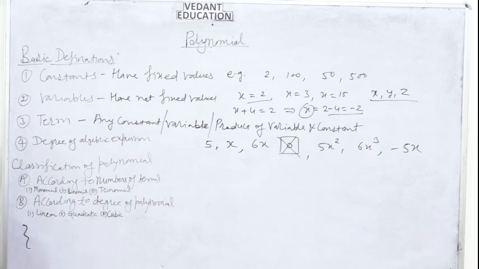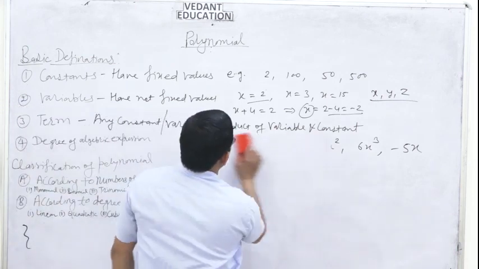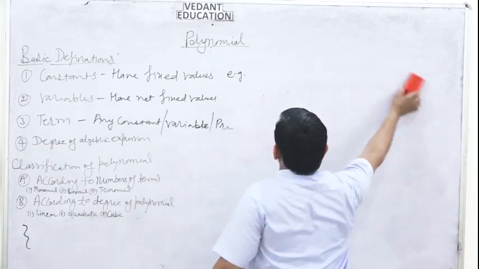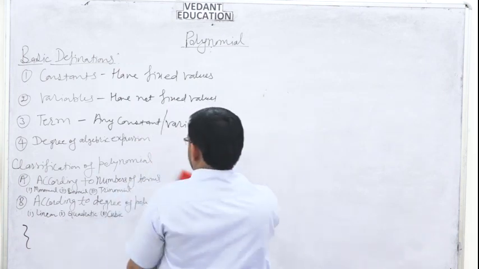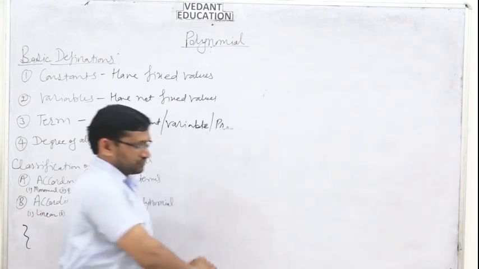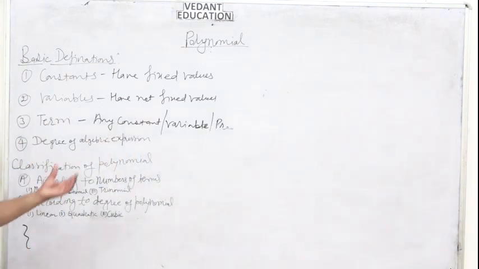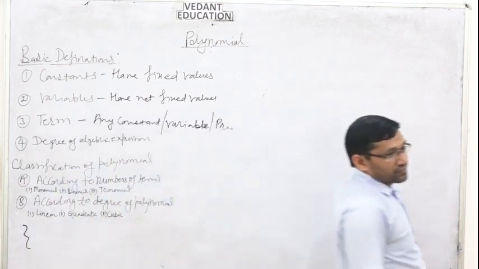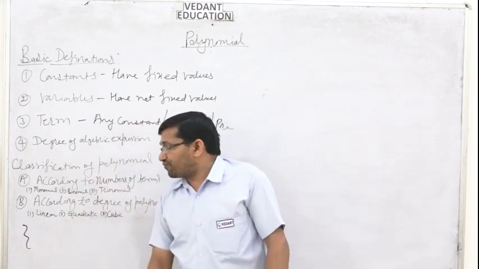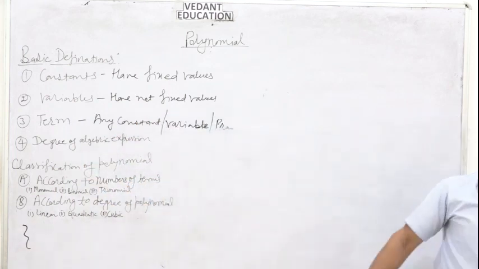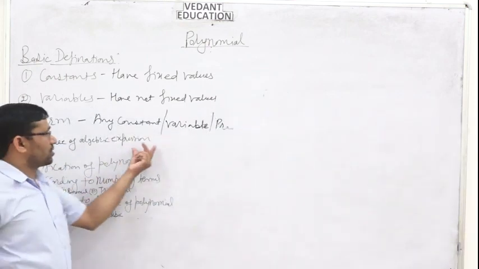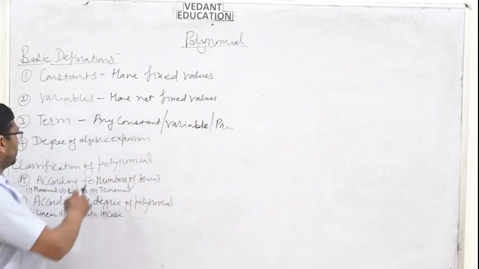Now next is degree of algebraic expression. What does degree mean? The highest power of variable is known as degree of algebraic expression. कोई भी algebraic expression है, उसके अंदर जो variable होगा उसकी highest जो power होगी वो उसकी degree होगी.